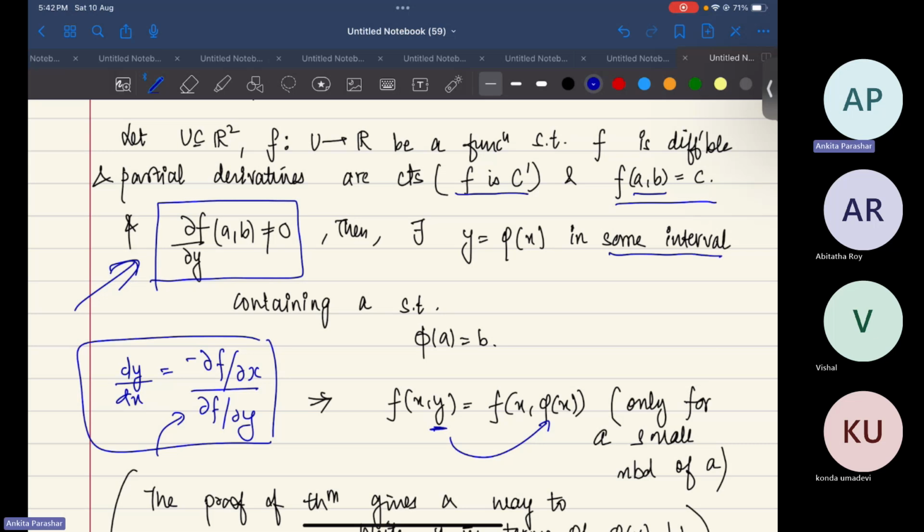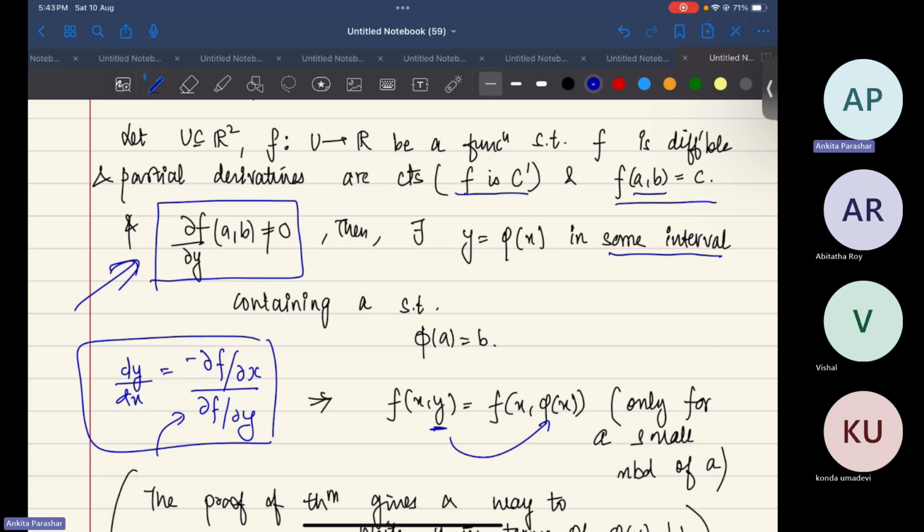Can we see some example where we cannot write the function as f of x comma phi x? That means you cannot find a phi at all such that y is a function of x. I am saying suppose I drop this condition, that the partial derivative is non-zero. Then why is it going wrong?